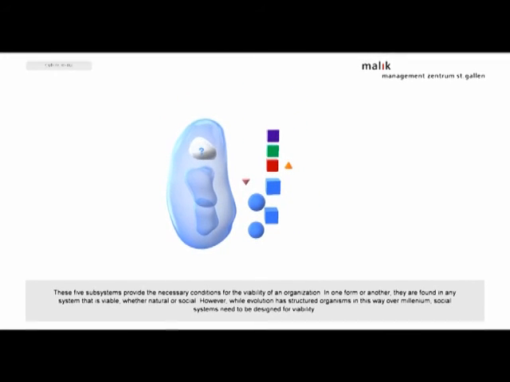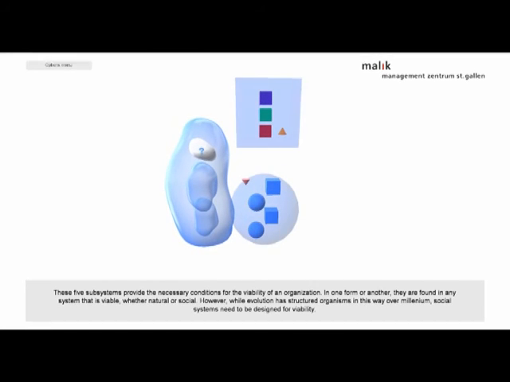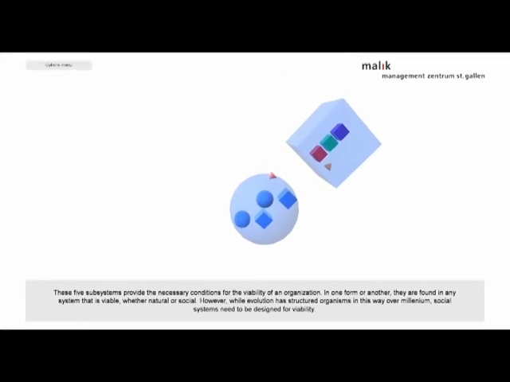What this means is that if we look at any one of the units in more detail, we discover exactly the same structure. This is true for each of the operational units. In general, every viable system contains several viable systems and is itself part of a higher level of viable system.